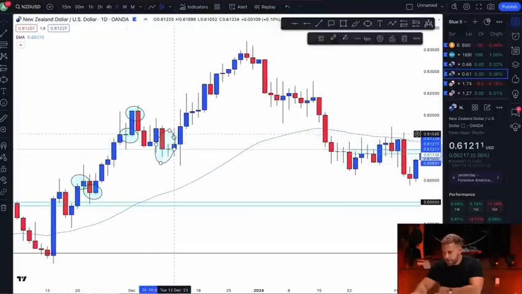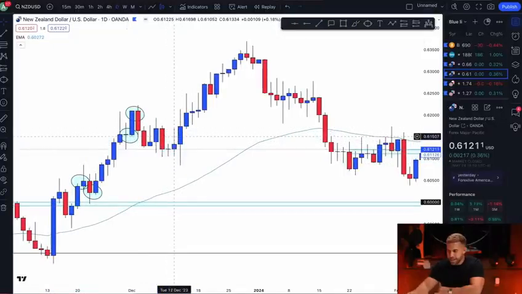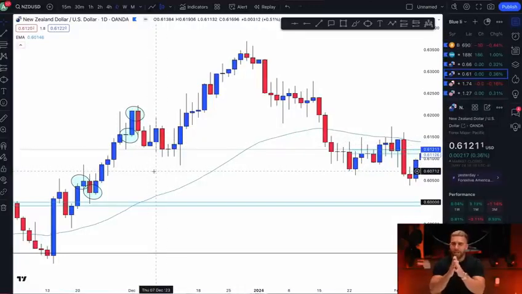This little blue one is not an engulfing candlestick, because it did not eat the last 1 or 2 candlesticks. So an engulfing candlestick is when it eats a minimum of 1 candlestick to the left of it, whether to the upside or to the downside. Without this, it is not an engulfing candlestick.